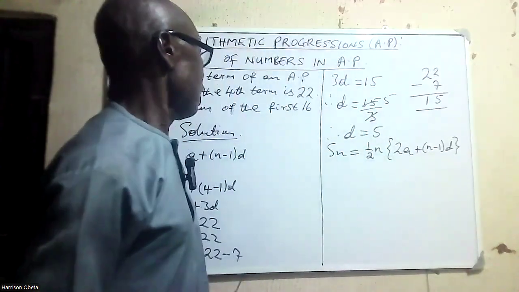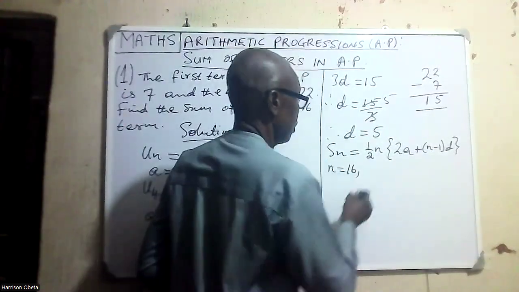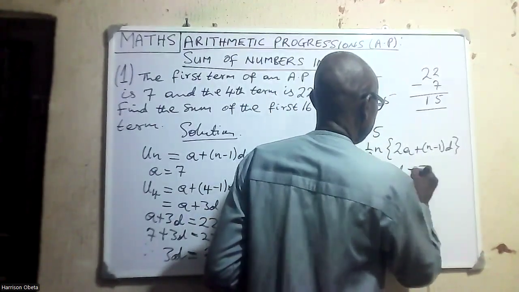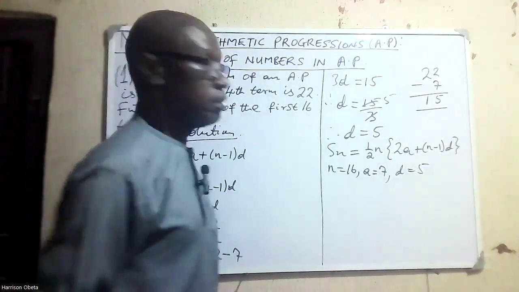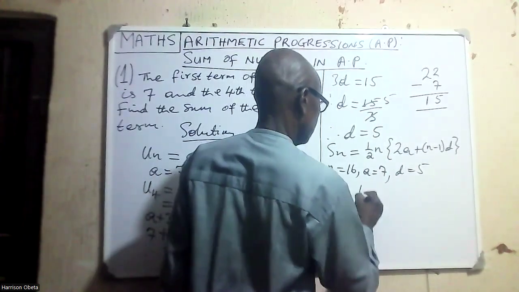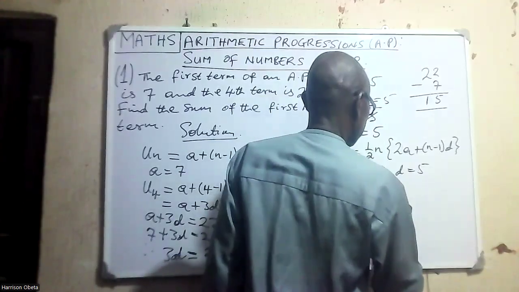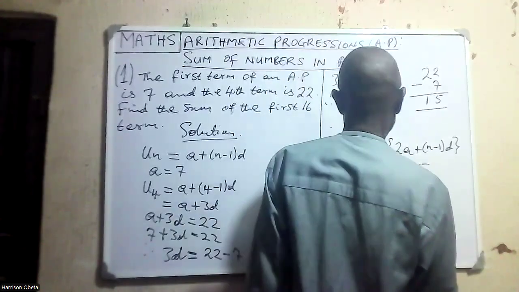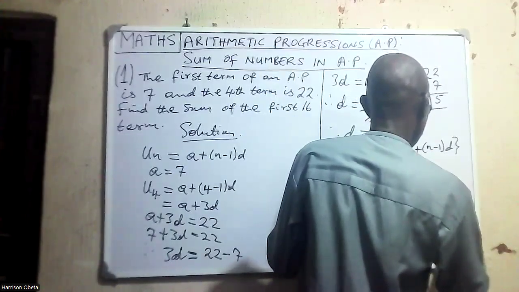And in this case, our n is 16, our a is 7, and our d is 5, as you can see. Just substitute the values there, and then you have S16 is equal to 16 over 2 into (2 times 7 plus 16 minus 1 into 5).